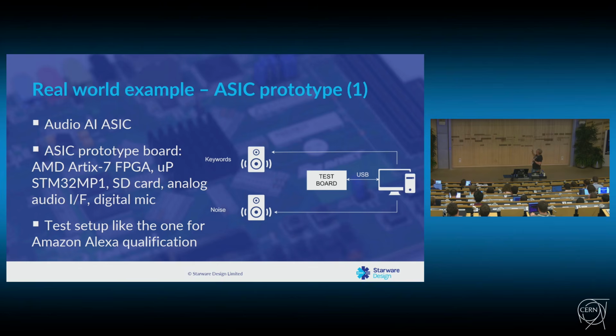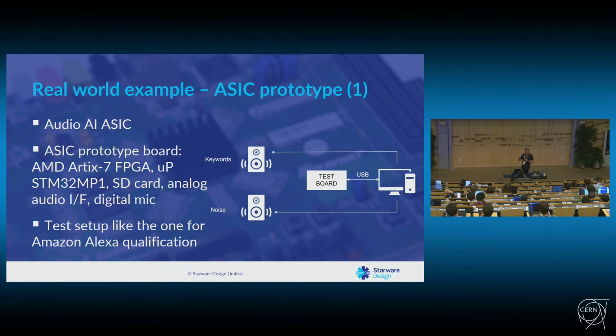And the kind of test setup that we used was the same used for Amazon Alexa qualification. So if you want to qualify your device, you get the Amazon Alexa sticker. That has a PC with two speakers. One speaker plays the keywords or utterances, and the other speaker plays background noise.